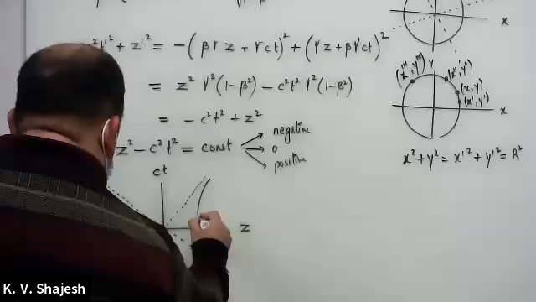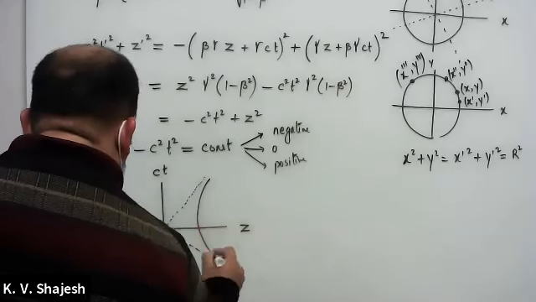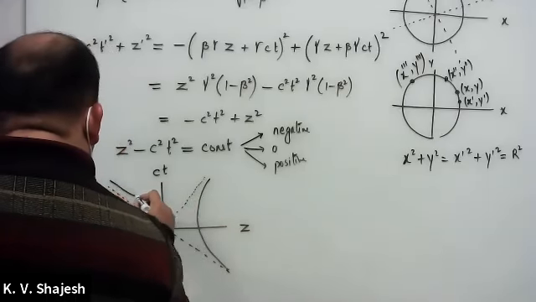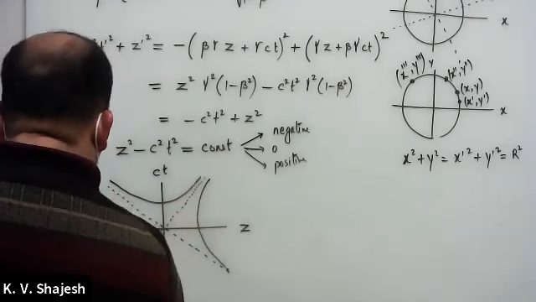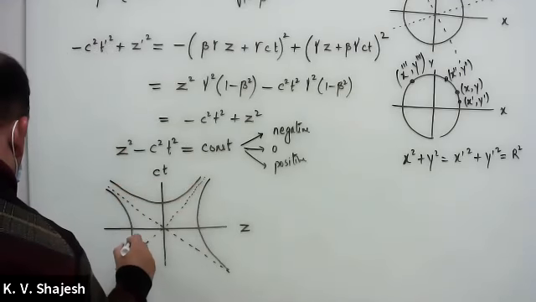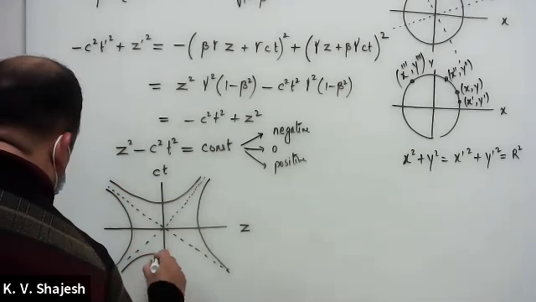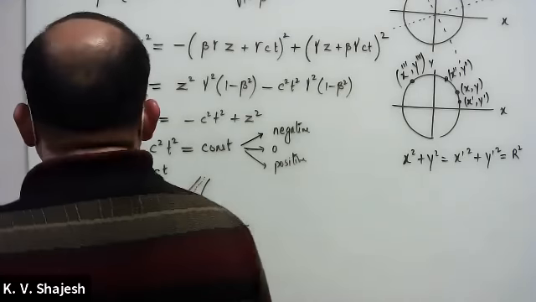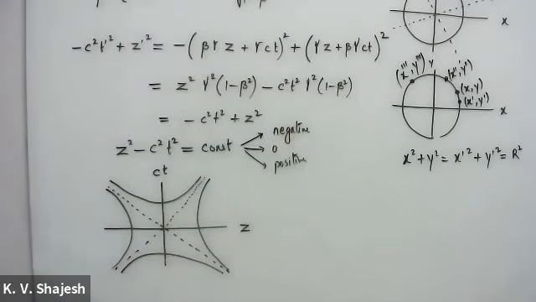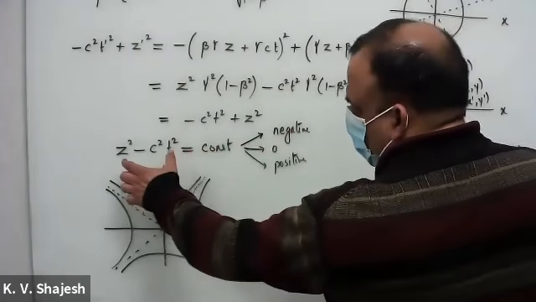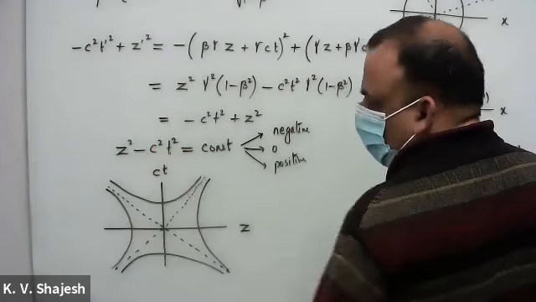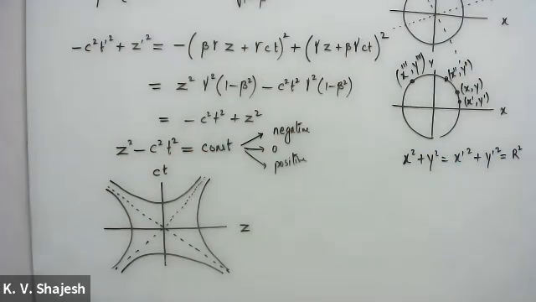There are 4 of them. It's this, and that's here. These are hyperbolas. On each of these curves, your quantity z square minus c square t square remains invariant.